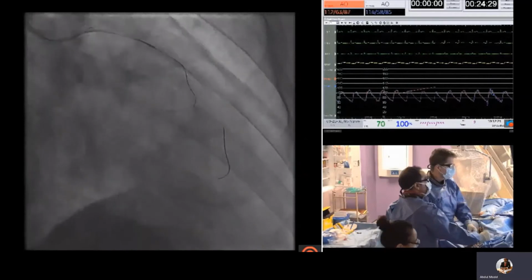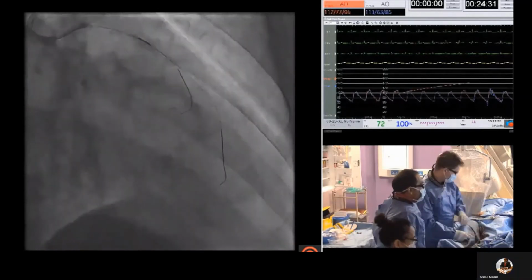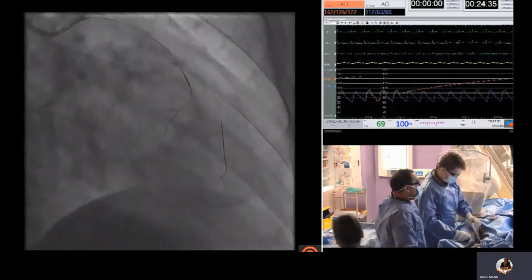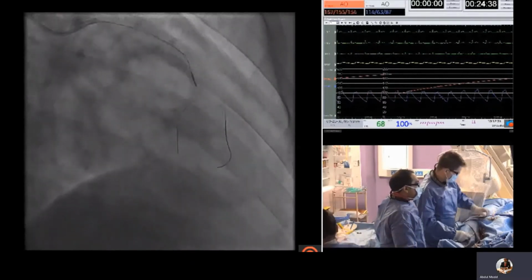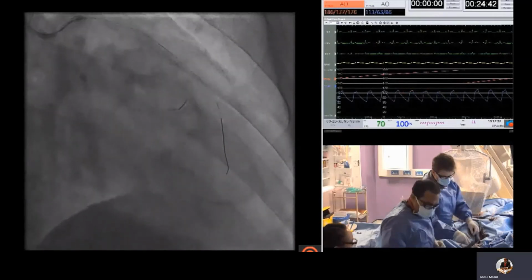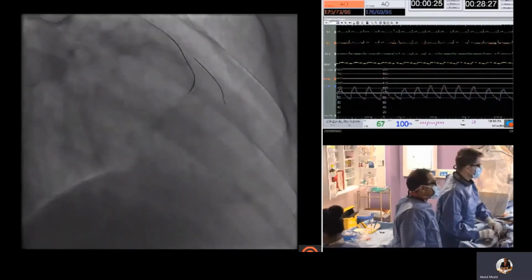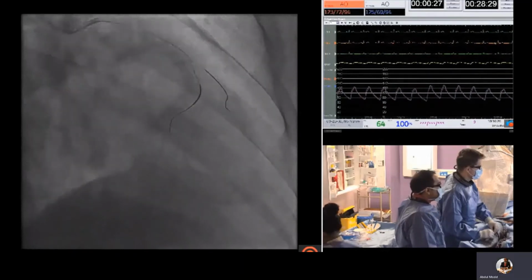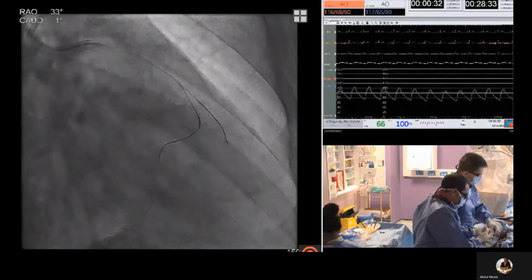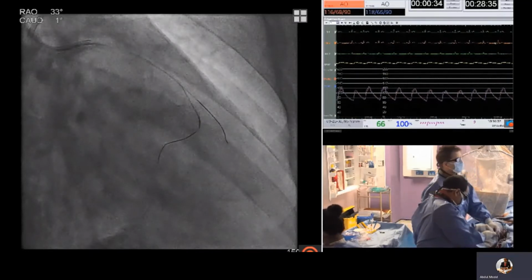So we used a Whisper MS just to engage the septal. This is a Turnpike LP microcatheter engaging the second septal. And then this is a brief attempt with a Xeon wire.